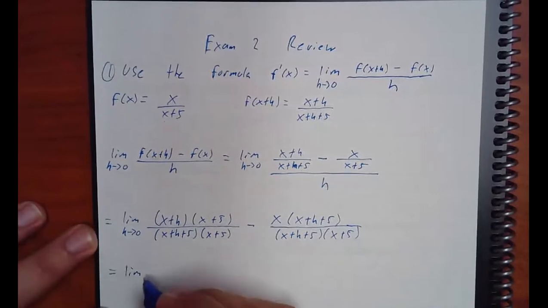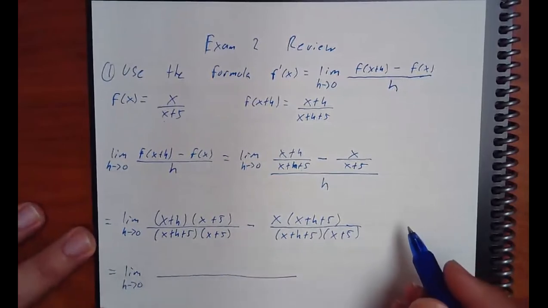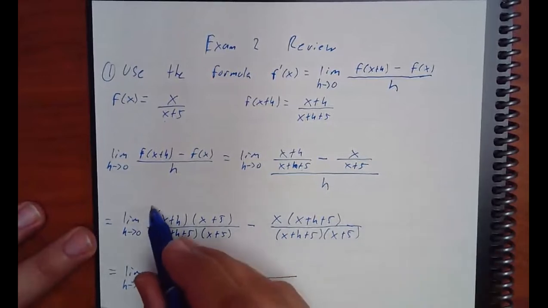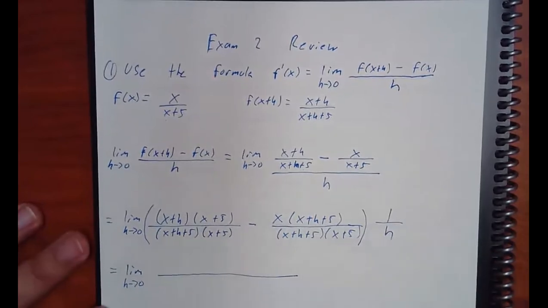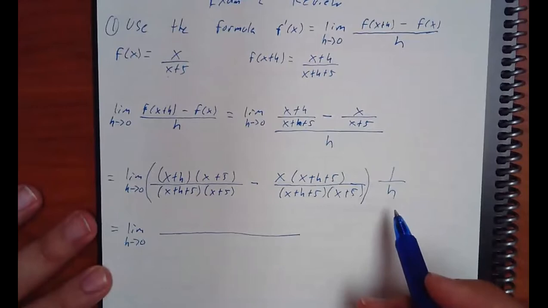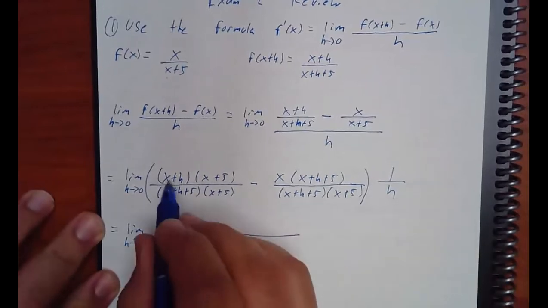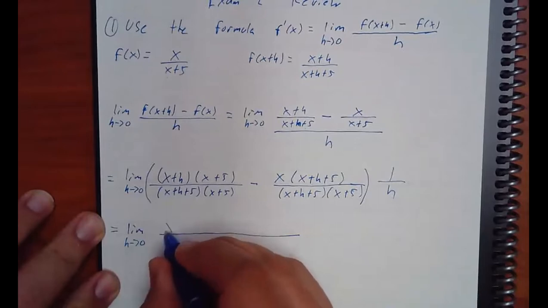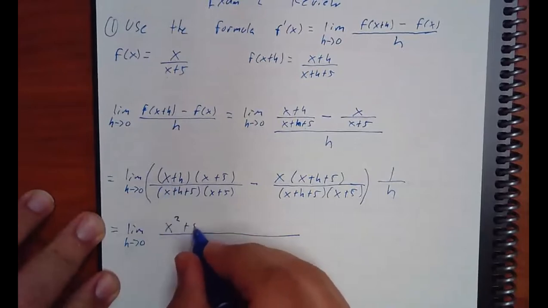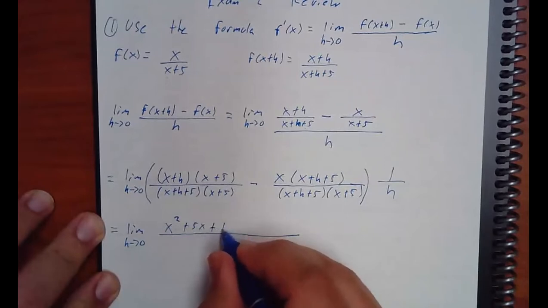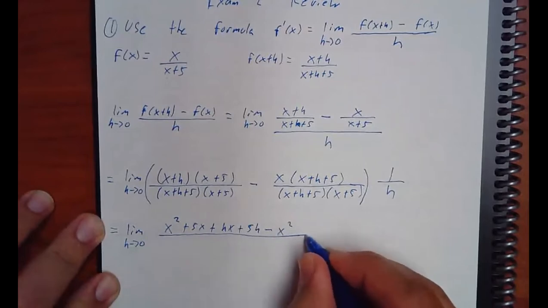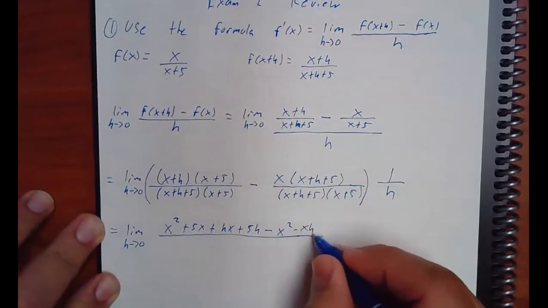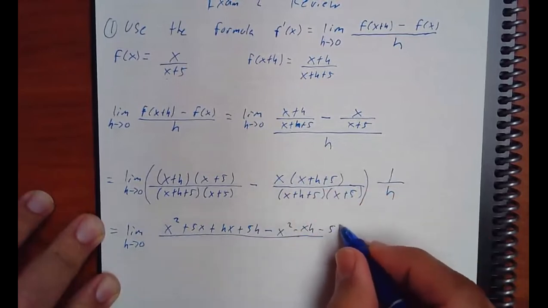Let's see here. Remember, it's all over h still. Okay, I'm going to write it this way just so we can save space. We can multiply this out on top, we're going to get x squared plus 5x plus hx plus 5h minus x squared minus xh minus 5x, times h.